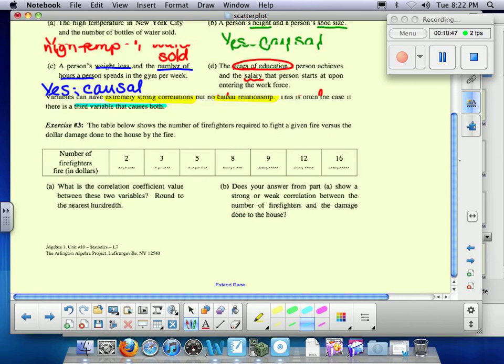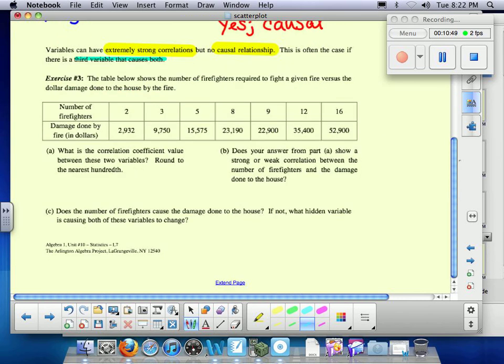In our last example, we have the number of fires that were recorded and the damage done in dollars. So I'm going to ask you to go again to your calculator and enter your data into list 3 and list 4.